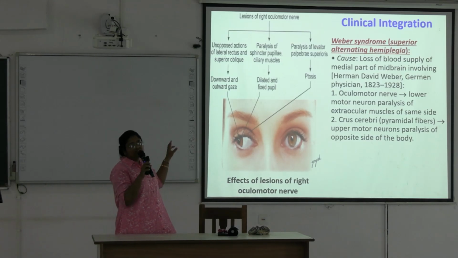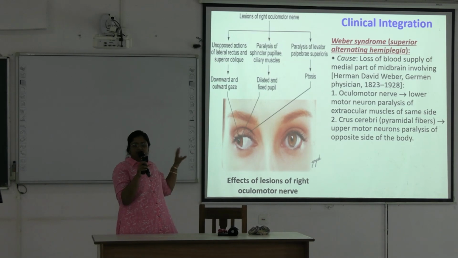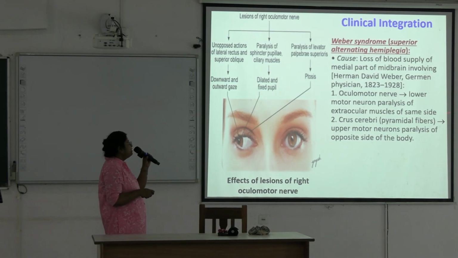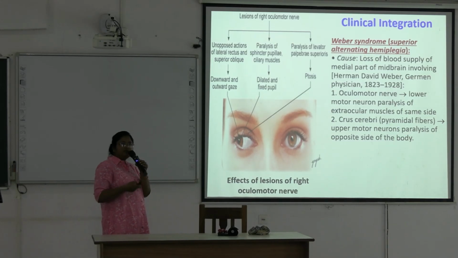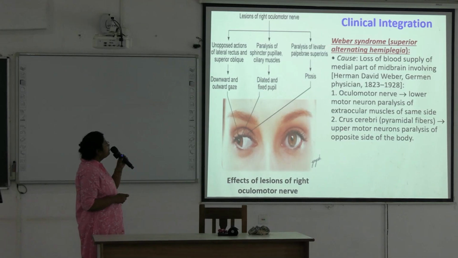All those symptoms in the previous slide we have discussed will occur in Weber syndrome. An extra feature is contralateral hemiplegia. Okay, due to involvement of the pyramidal fibers, upper motor neuron type of paralysis of the opposite side of the body occurs. Okay, so these will be the symptoms of Weber syndrome.